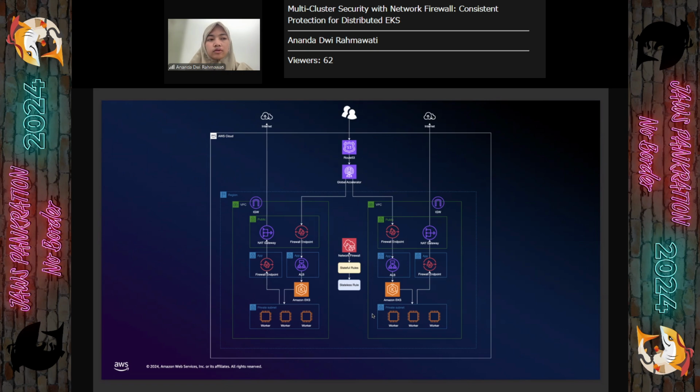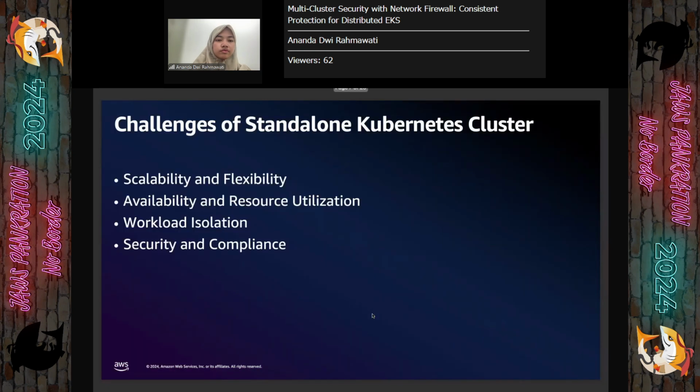But then how do we limit that, and what configuration should we put there, to avoid which IP, which network we need to limit, and to filter between two separate clusters.